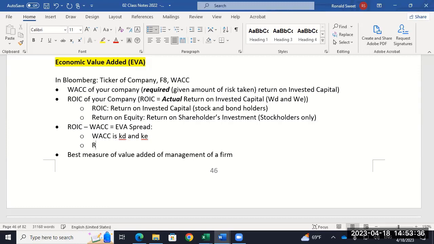When you're doing ROE, you do that versus KE because it's only the stockholders. So always important to know whether you're talking about bondholders and stockholders or just stockholders. So WACC you use for the entire firm, that's KD and KE, and you compare that versus return on invested capital, which is the return on the entire firm. ROE, you only compare that to cost of equity capital. All right. Very important.